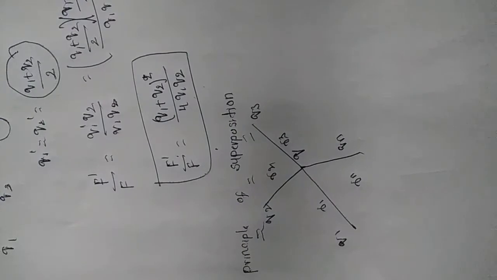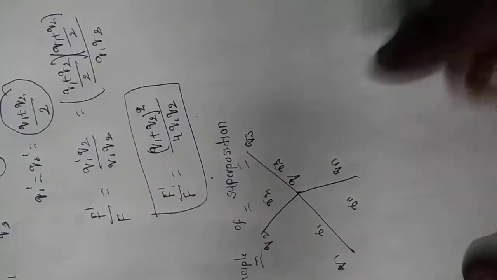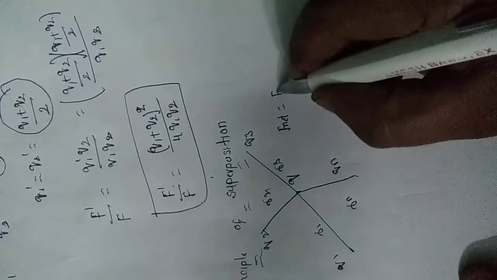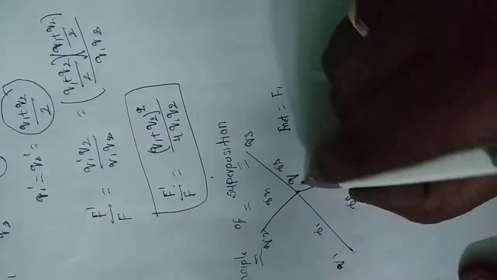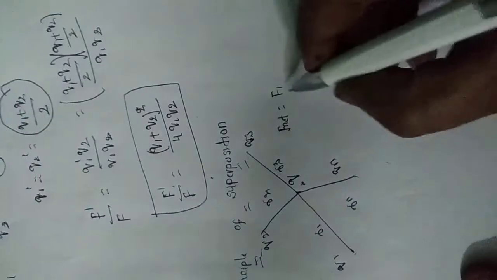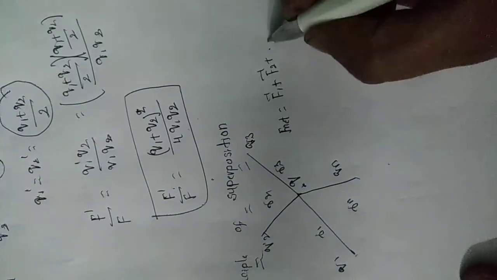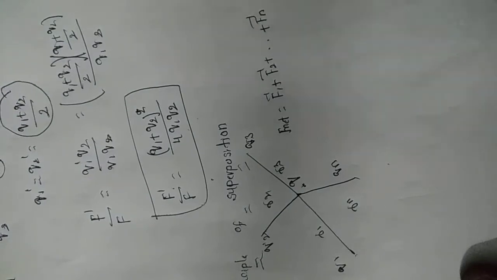So the total force acting on the charge is equal to what? F net is equal to Q1 on Q, Q2 on Q, Q3 on Q, Qn on Q. So F1 bar plus F2 bar plus and so on Fn bar.